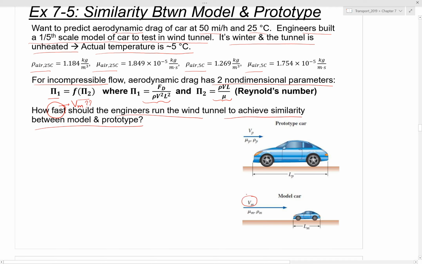Okay, so how do we tackle this? First, we see the independent and the dependent parameters, as we saw how to tackle such problems of similarity.